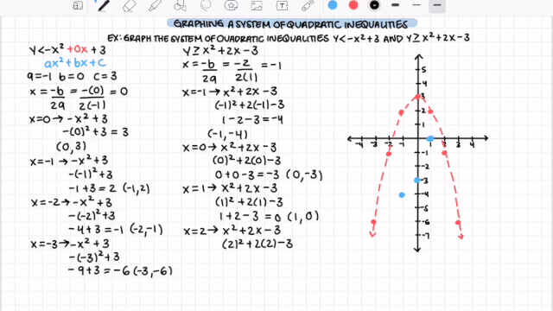And that equals, let's see, that would be 4 plus 4 minus 3 equals positive 5. So we get here 2, 5 as our last point. 2, all the way to positive 5.